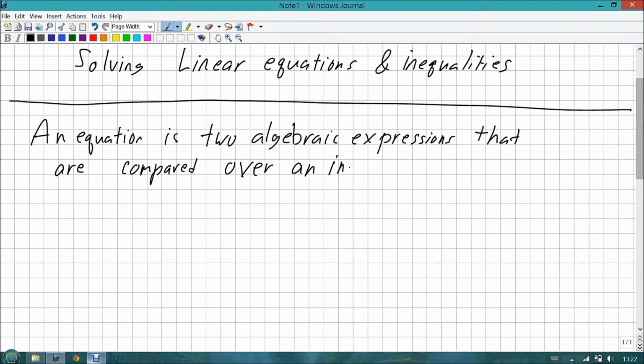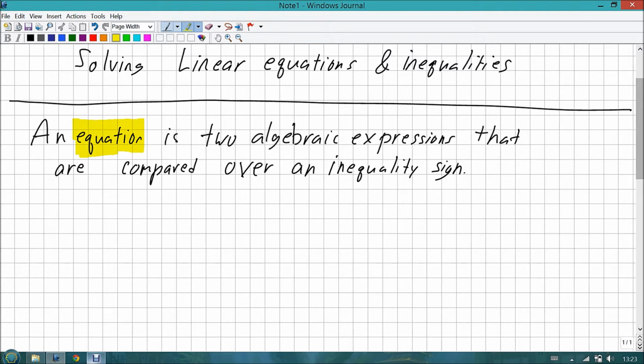I'm going to call it an inequality sign, because it could be equal to, it could be greater than, it could be greater than or equal to, it could be less than, it could be less than or equal to. But an equation is two algebraic expressions that are compared over an inequality sign.